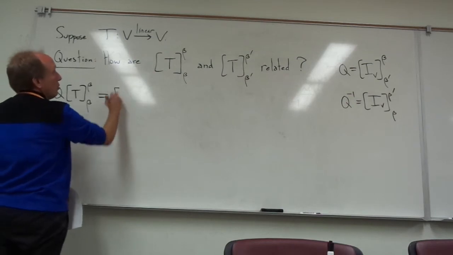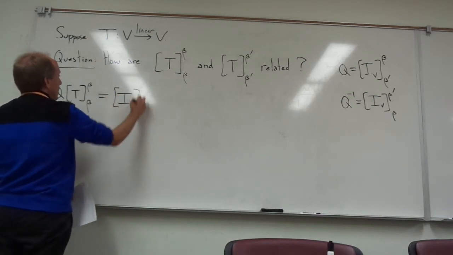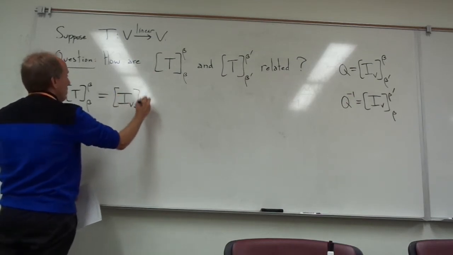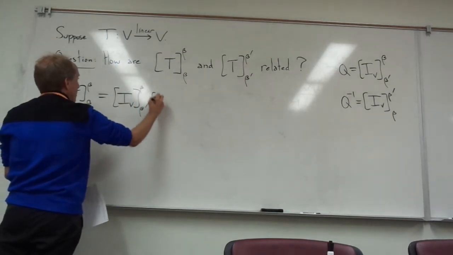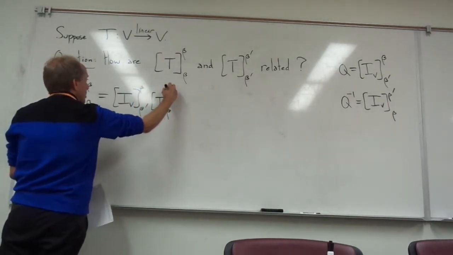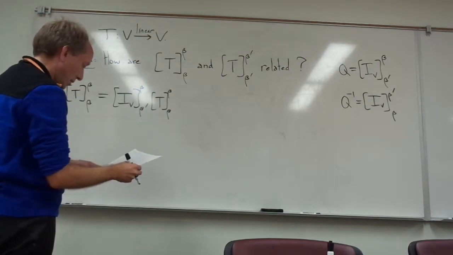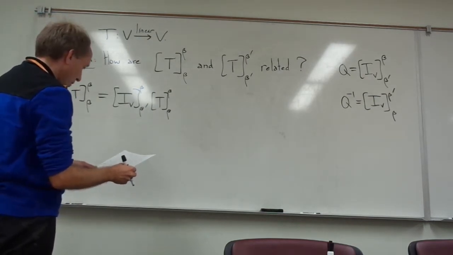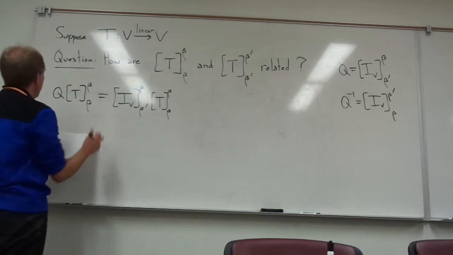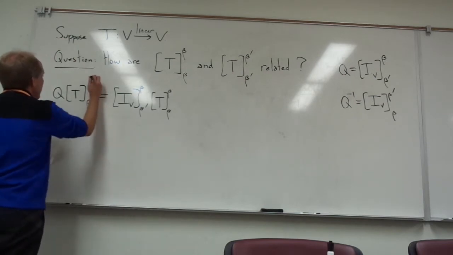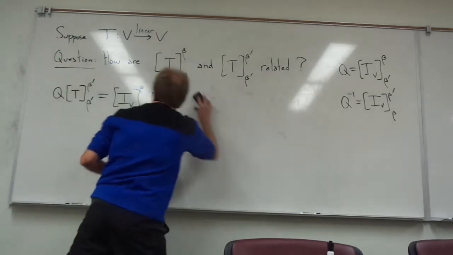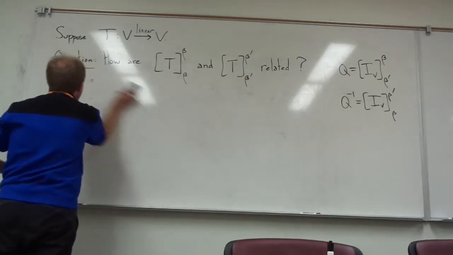Okay, so the Q, that's just I sub V, beta prime to beta, and then times T from beta to itself. That actually does not work, and that's because I've done the wrong one here. Sorry, let me start over. I wrote down the wrong thing.